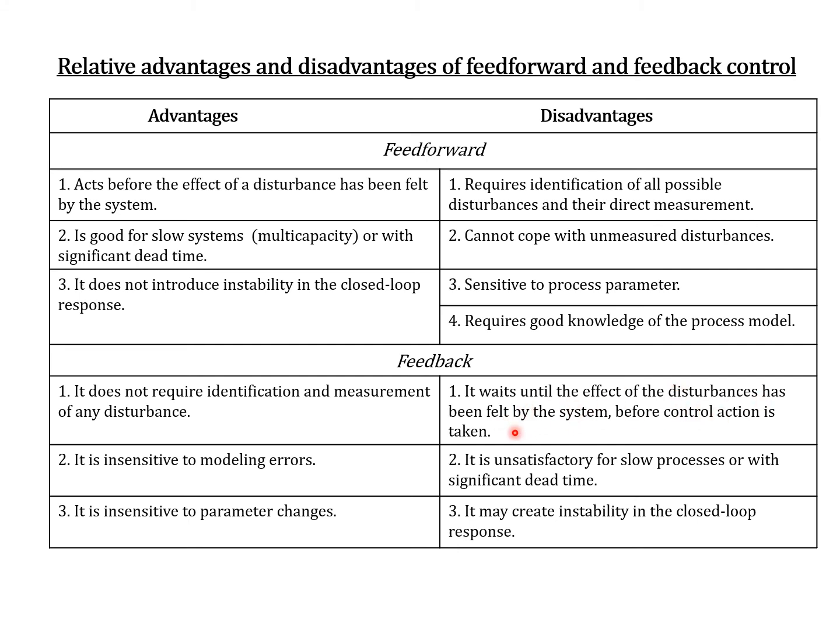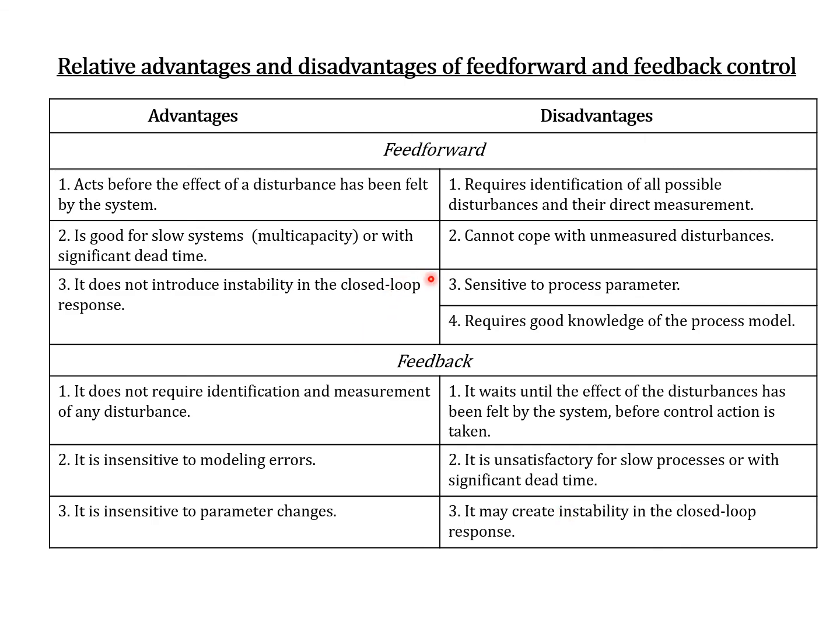So it has to measure the Y, and the disturbance has already affected Y before it can take action. It's unsatisfactory for slow processes or significant dead time, as we can see from the block diagram. It can also create instability, because you have the closed loop, and then you get the characteristic equation, and you check whether the roots of the equation are on the right or left, as we studied in the previous control topics. It can definitely be unstable in some cases if you don't design the feedback part properly.